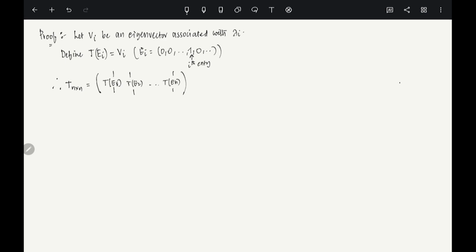That is what the matrix T is. If the linear transformation is given like this, what is the corresponding matrix? It is determined by its columns.